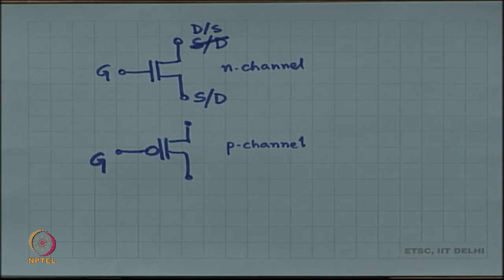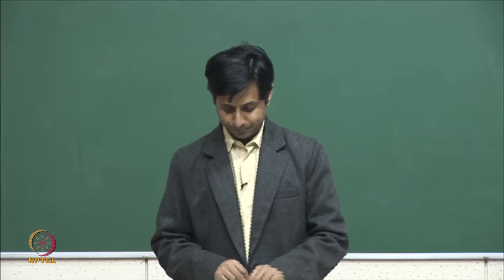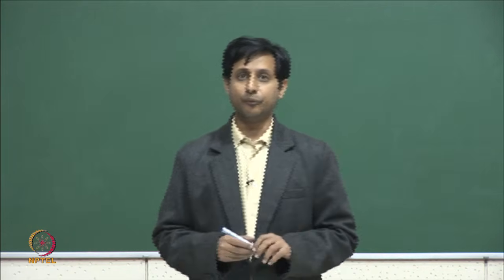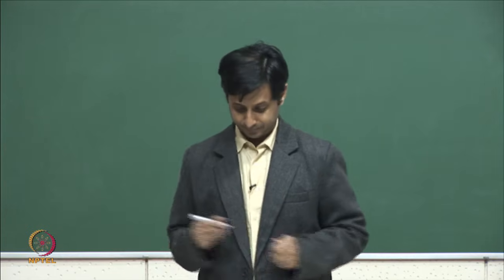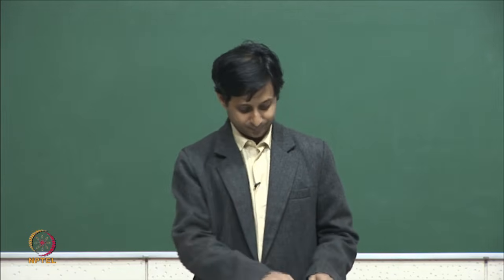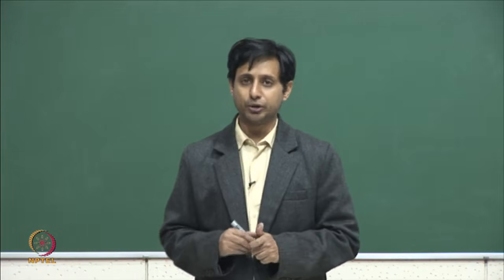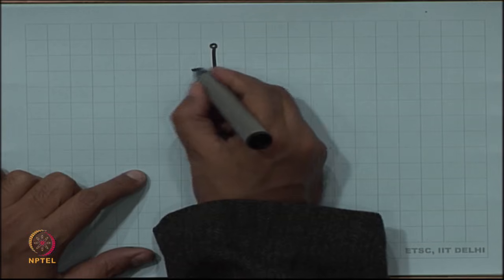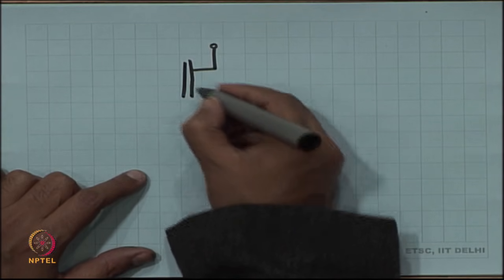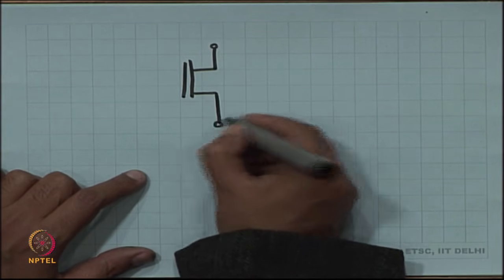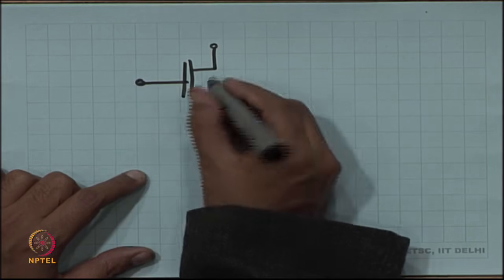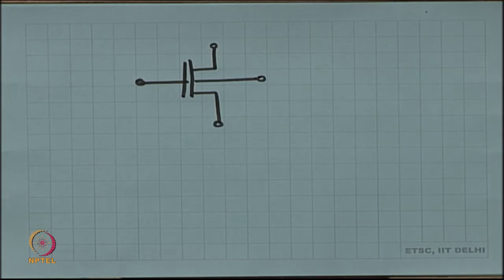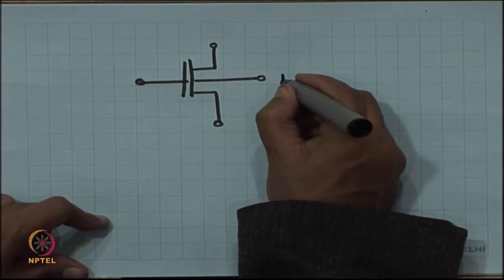Okay. Then there is one more source of confusion. The MOSFET comes with a fourth terminal. So, there is actually one more terminal in the MOSFET. So, the MOSFET is not a 3 terminal device, it is a 4 terminal device. Okay. The fourth terminal is the body.